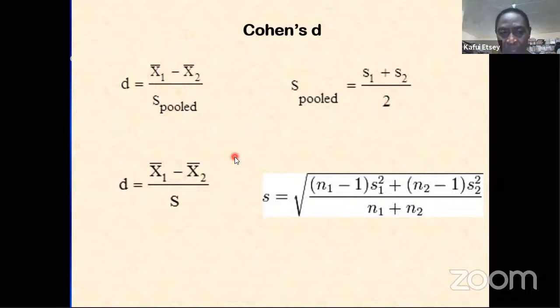Or, instead of using the pooled standard deviation, you can use a general standard deviation. For the general standard deviation, you have S is equal to N1 minus 1, which is the first sample size, times the variance, plus N2 minus 1 times the variance, all divided by N1 plus N2, and you find the square root. So the S that you get here is what you are going to put here, and that will give you the D. This is Cohen's D. We'll soon see how you interpret the various effect sizes.